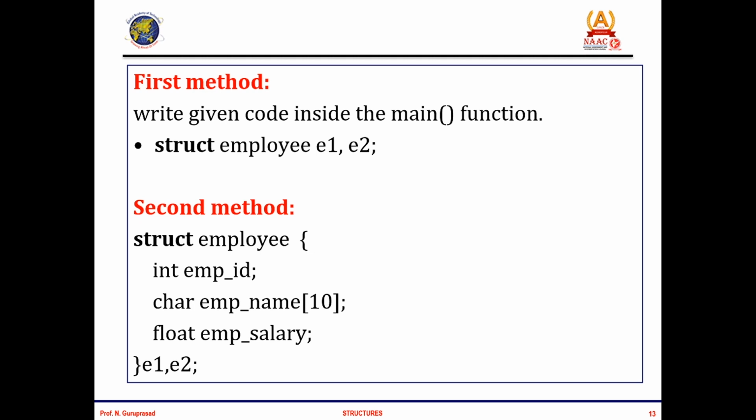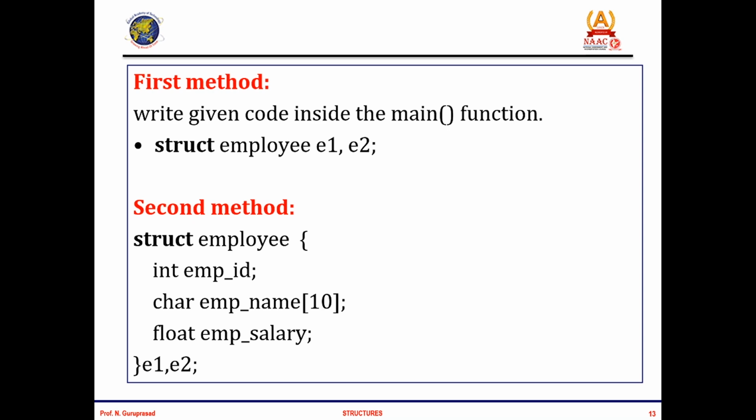Now, having known these two methods, the million dollar question that comes to mind is which approach is good. Let me tell you very honestly, of course, it is left up to the programmer. But if you ask me which approach is good, I would say this: if the number of variables is not fixed, use the first approach, because it provides you the flexibility to declare the structure variable many times.